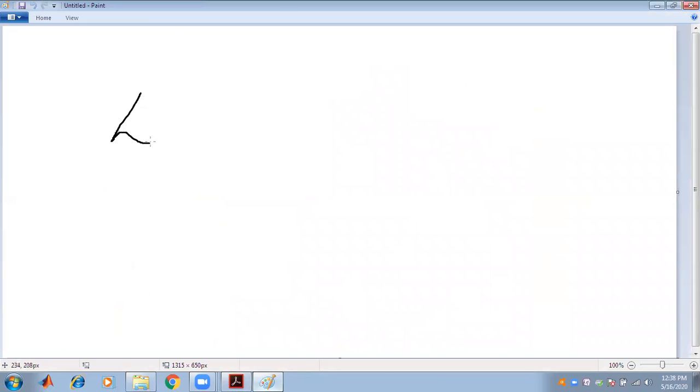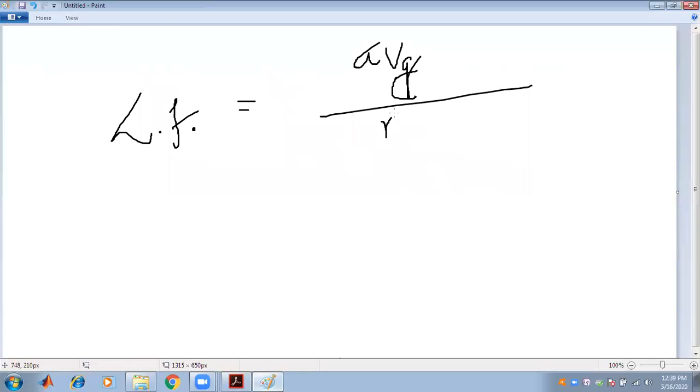Again, the load factor is the average demand by the maximum demand. Average demand by the maximum demand is known as load factor.